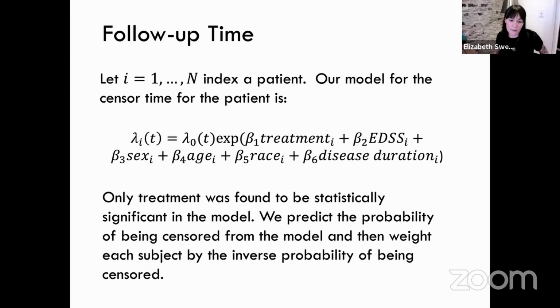We use the Cox proportional hazards model to model the censoring time for the patients, and that model is shown right here. Only treatment was found to be statistically significant in this model, and we use the model to predict the probability of being censored, and then weighted each subject by the inverse probability of being censored.